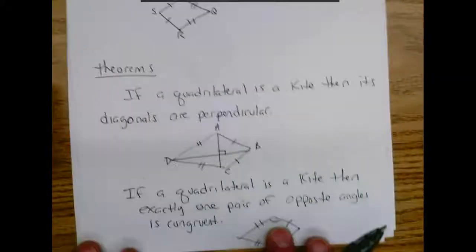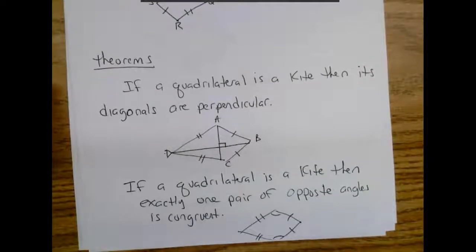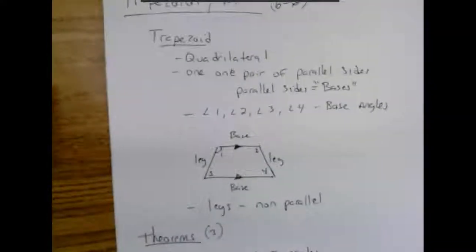It would be a good thing to remember on these problems. And then also, if a quadrilateral is a kite, then exactly one pair of opposite angles is congruent. So here's your kite. We have to have either this pair of angles congruent, or it could be these as well, but only one pair. Okay, and that's our notes on trapezoids and kites.